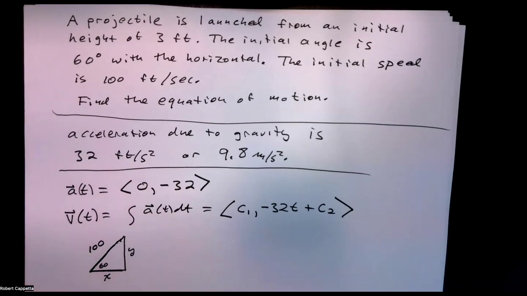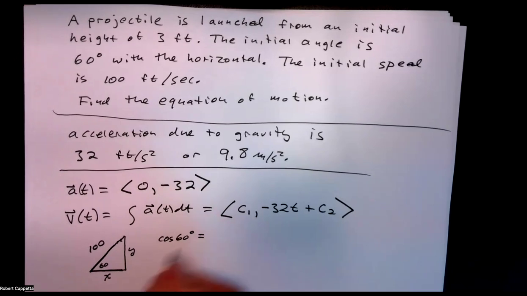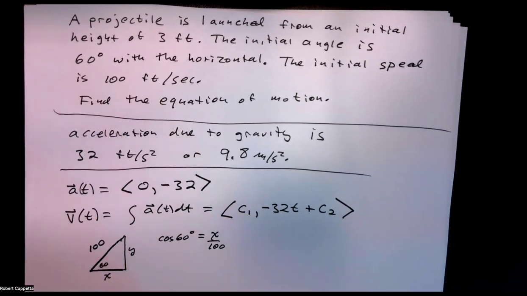Well, what can we recognize? We know the cosine of 60 degrees is adjacent over hypotenuse, which is x over 100. So 100 times cosine 60 degrees is the x value. Cosine of 60 is the same as the sine of 30, which is just 1/2.